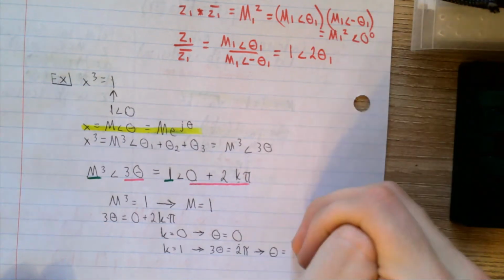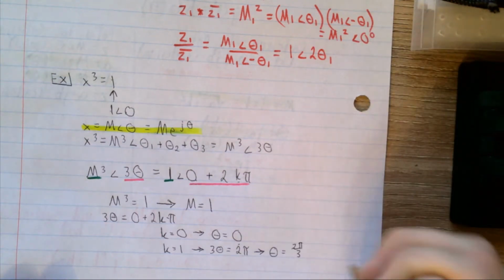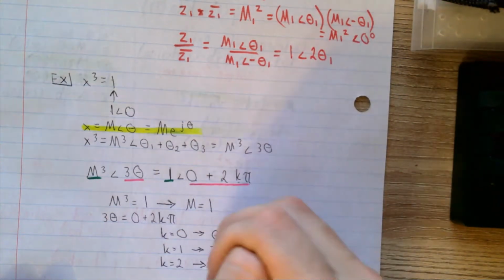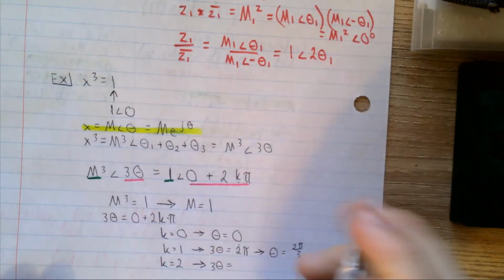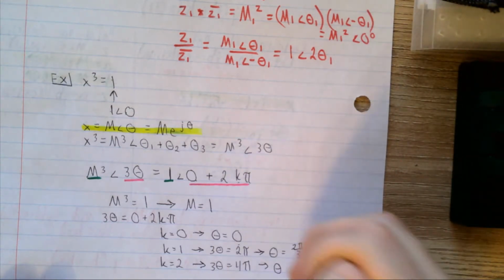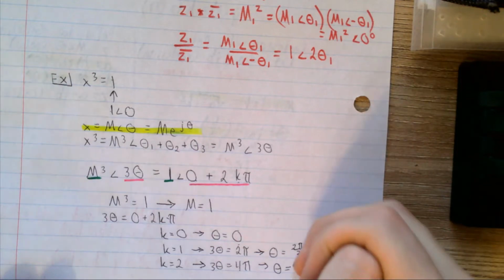And then if we have k is equal to 2, that's going to give us 3 theta is equal to 4 pi, and then that means theta is equal to 4 pi over 3 if you simplify.